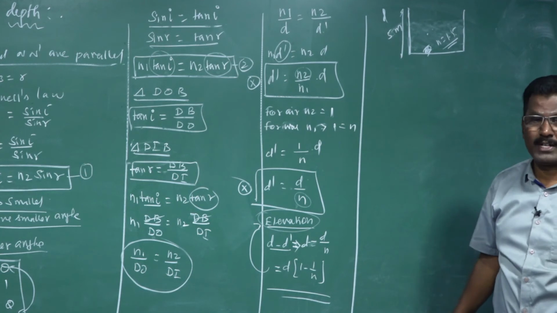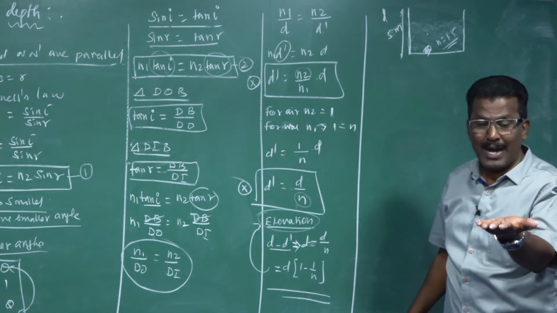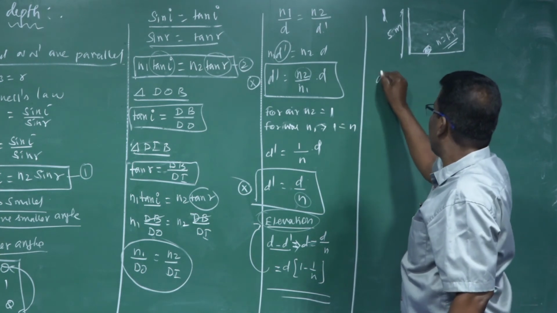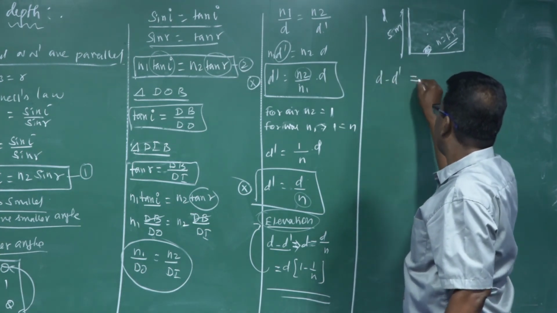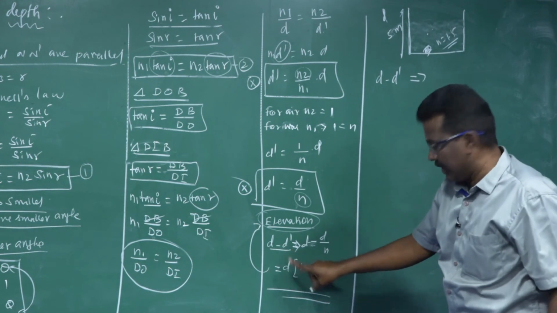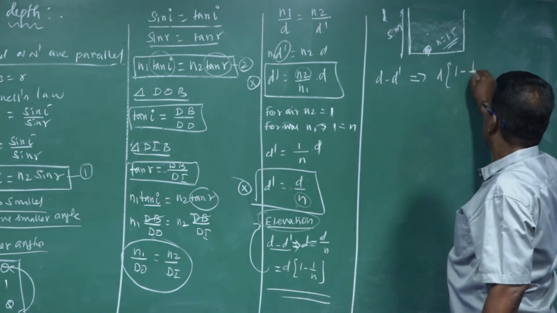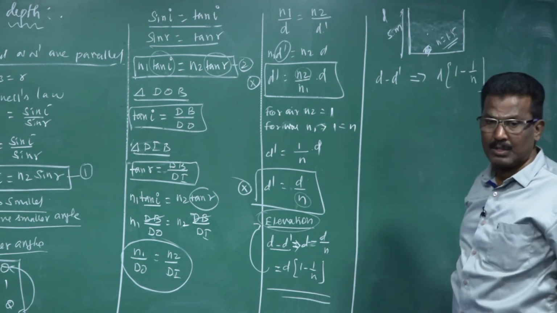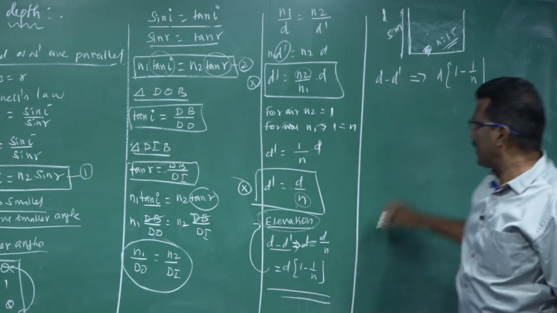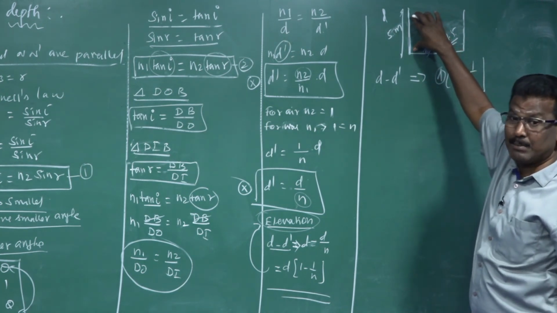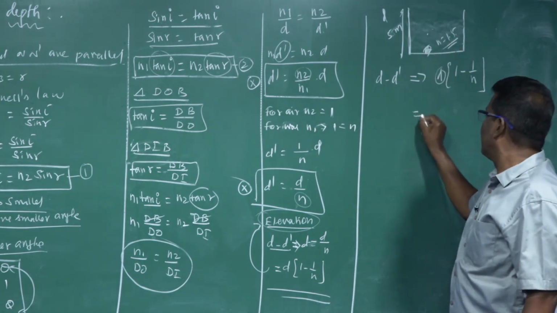How to calculate elevation? How much height is raised from the bottom? That is d minus d prime. d minus d prime is equal to d into (1 minus 1 by n). What is d? It is the original depth of the beaker, which is 5 meters.